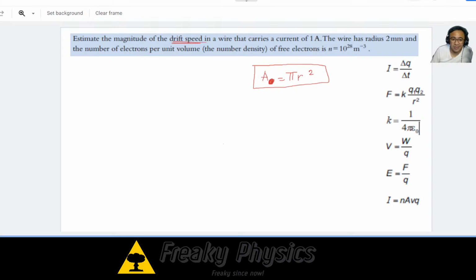Now, I'll give you a clue. It says electrons. That should be an automatic value.